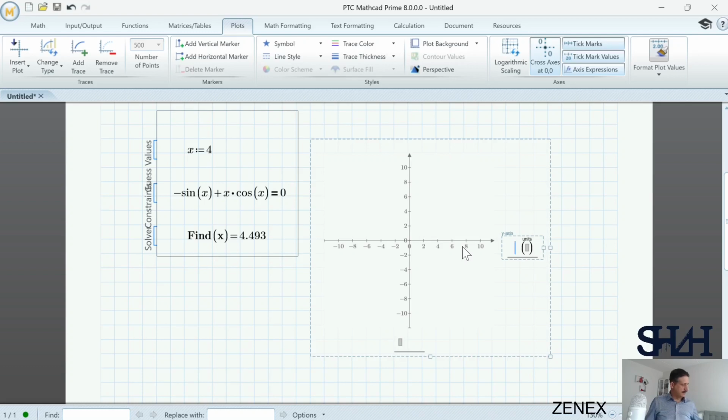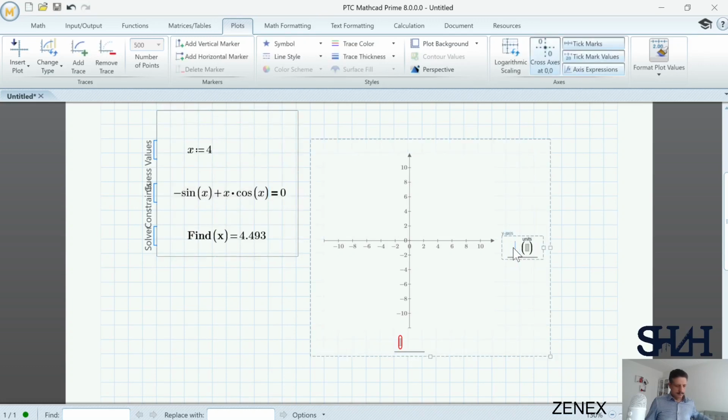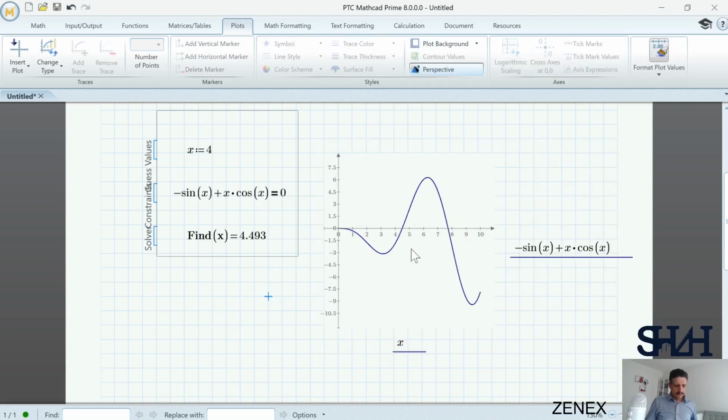So here it can be the function on the y-axis and the other one is x. So I limit from 0. So here we can see how it looks like.